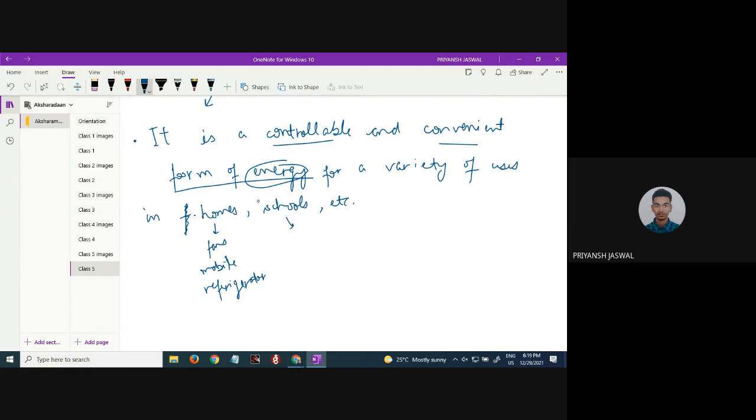In schools also fan again, maybe projector, microphones in the assembly, loudspeakers, any other electrical device. In hospitals, most of the machines are running on electricity also.